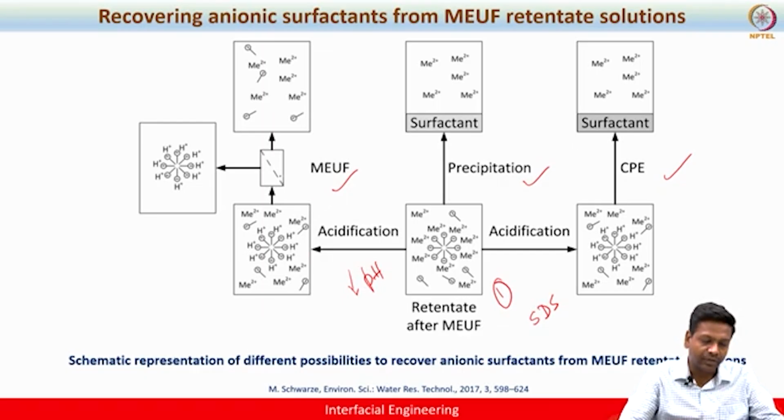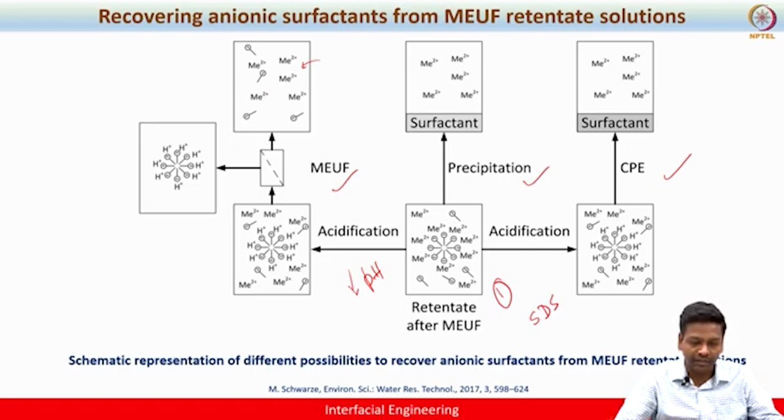If we employ ultrafiltration again, you will be able to separate the micelles from the free monomer and the free cationic impurities. The disadvantage of this method is the high pumping cost, and at the same time you will also end up with free monomers, free surfactant molecules along with the cationic impurities. So this might again add to the operating cost, right?